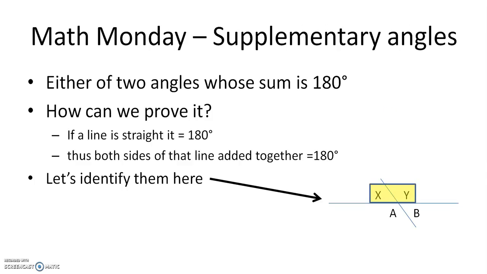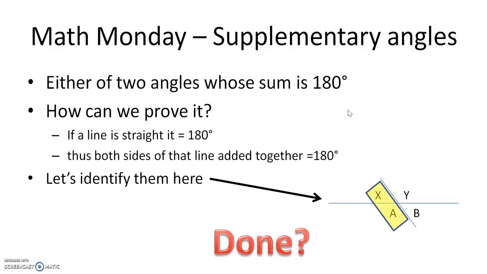XY is a supplementary pair, and AB is a supplementary pair. Is that it? Actually, no, because we know this is a straight line. So that means XA is a supplementary pair, and YB is also a supplementary pair.